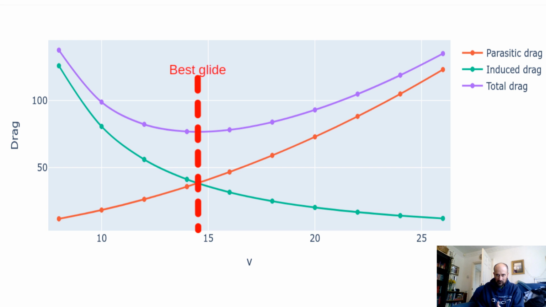Now, if you fly faster than best glide, then parasitic drag is the more important, the bigger term. If you're flying slower than best glide, then induced drag is the more important one. Obviously, they do still matter, so even if you're flying fast, there is still some induced drag, and if you're flying slow, there is still some parasitic drag. But which one is more important depends on what speed you're flying at.